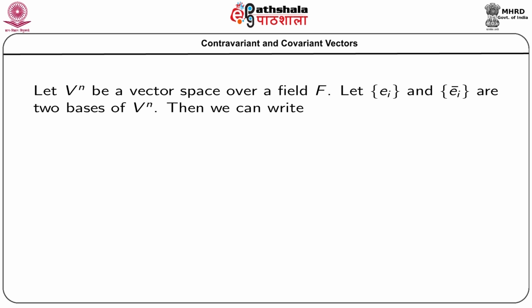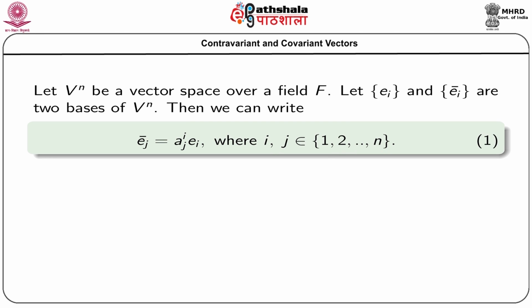So, we can write E bar_j equals A_ij E_i, where i, j belong to the index set 1 to n, and this summation is given by Einstein's summation convention. So, we are not writing the summation sign, and every vector can be expressed as a linear combination of the other basis vectors. So, E bar_j is written as A_ij E_i.